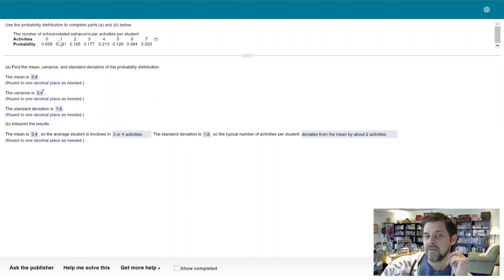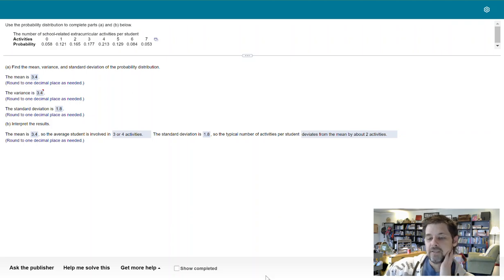There's the value of the variable, such as 3 activities, 4 activities, 5 activities, and then there's the probability that a random student is engaged in that many activities. Our question is to find the mean, the variance, and standard deviation of the probability distribution. This is called a probability distribution because it links a probability with every value of the variable.